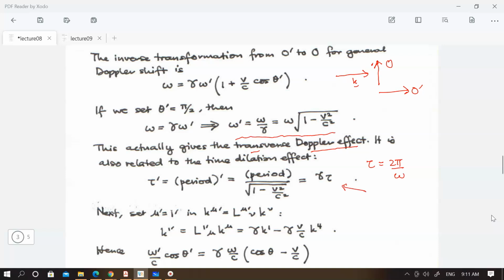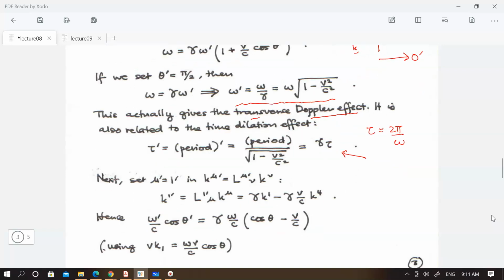Okay. So the next thing that we want to see is how the specific components of your K are related to this Doppler shift. So we're going to set this component of your K mu dash, for example, inside this transformation of your 4-wave vector. So you set your mu dash equal to 1 dash, for example.